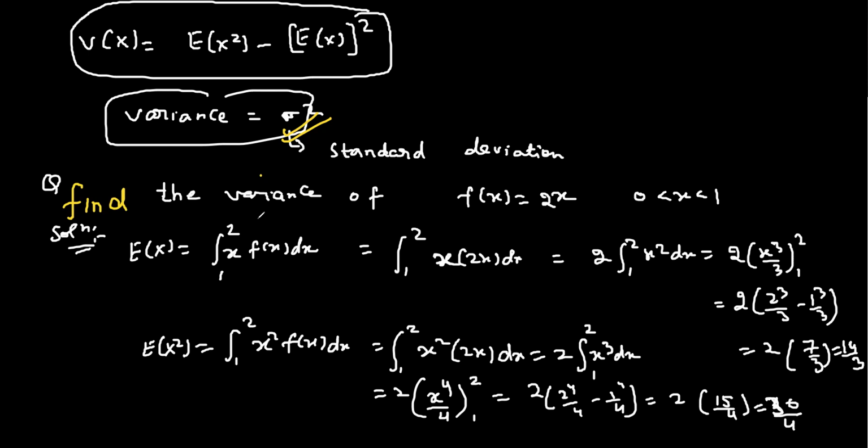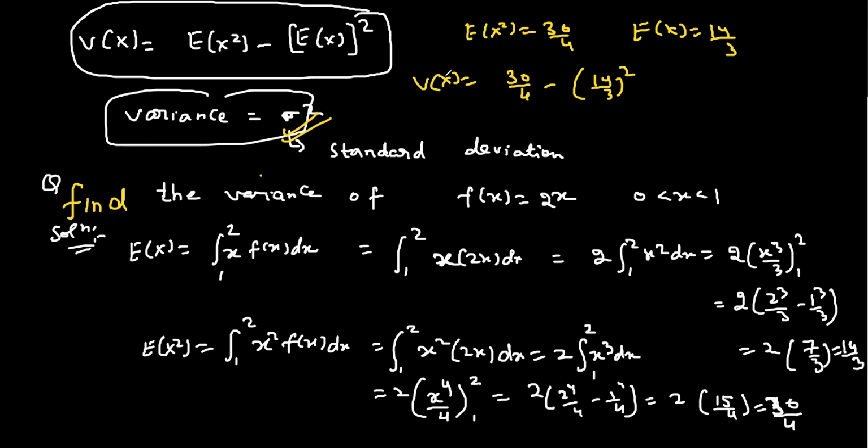So we have Ex square and Ex. Put these two values here. The formula of Vx is Ex square minus Ex whole square, right? This is Ex whole square. Don't write Ex square.